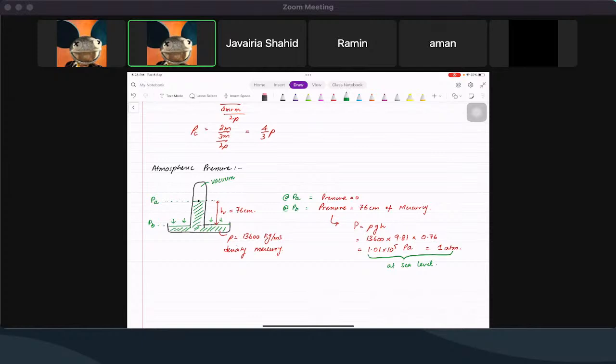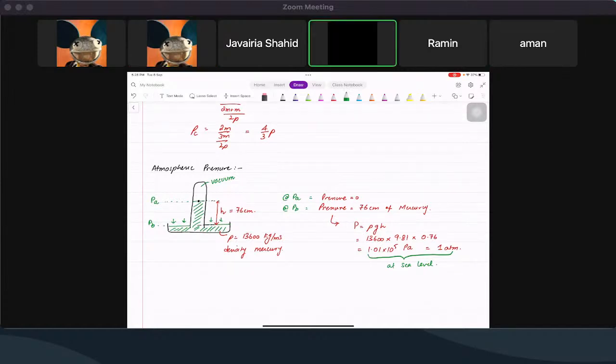Would it change going from one city to a different city? Yes, Aisha, what do you say about it? No, because sea level remains the same. That's good. So the sea level will remain the same. That's why it's a fixed value, right?